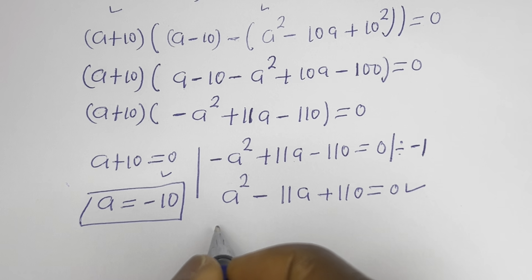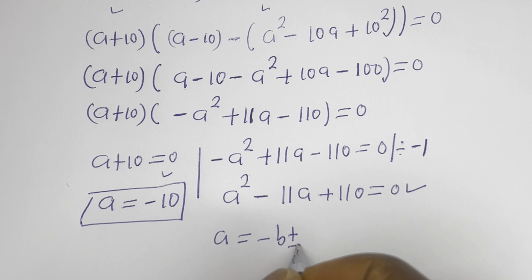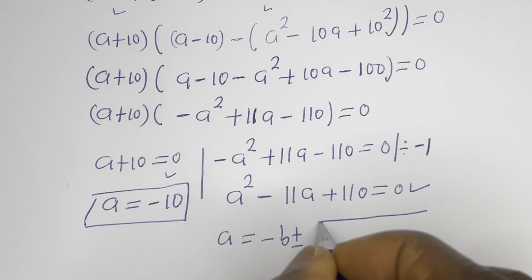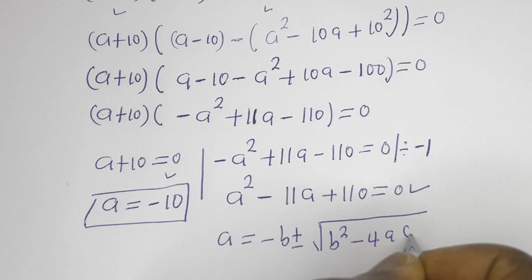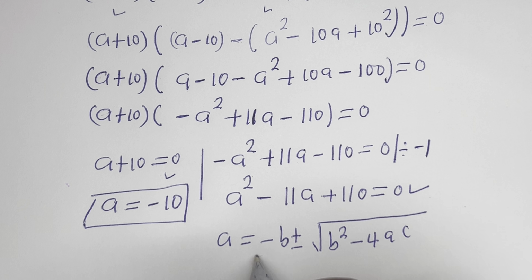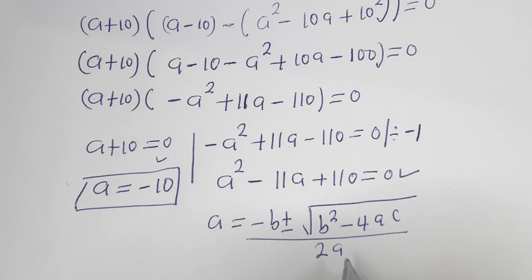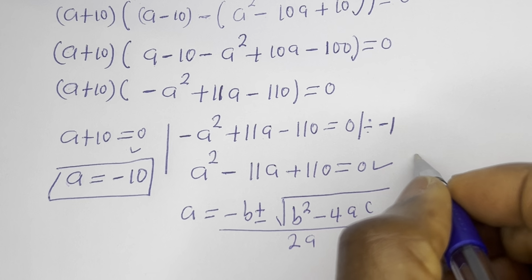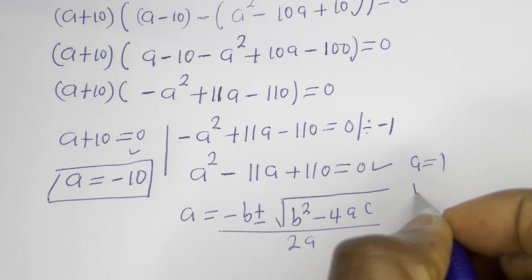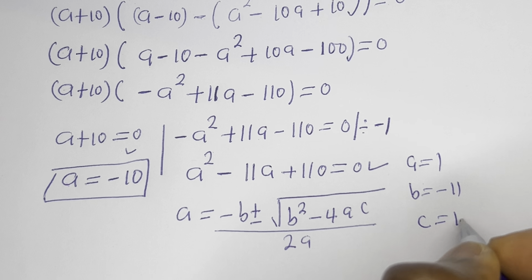From the formula, a is equal to minus b plus or minus square root of b squared minus 4ac over 2a. And from this equation, a is equal to 1, b is equal to minus 11, c is equal to 110.